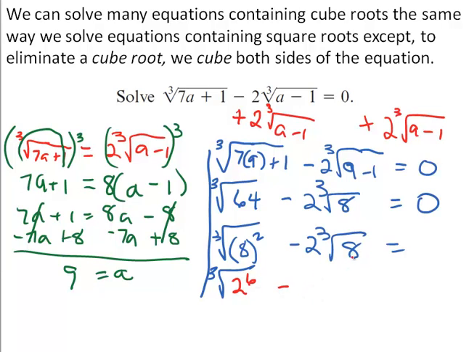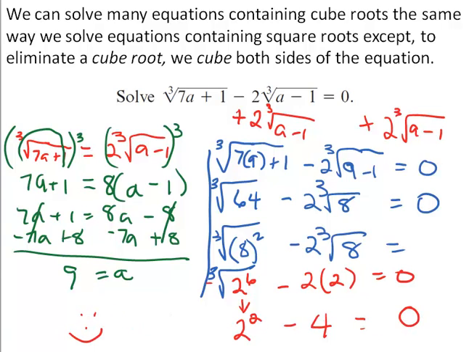And here, the cube root of 8 is actually 2. So I have 2 times 2. 3 goes into 6 2 times. So out comes 2 to the second minus 2 times 2 is 4. 2 to the second is the same as 4, and 4 minus 4 does indeed equal 0. So that's not an extraneous solution.